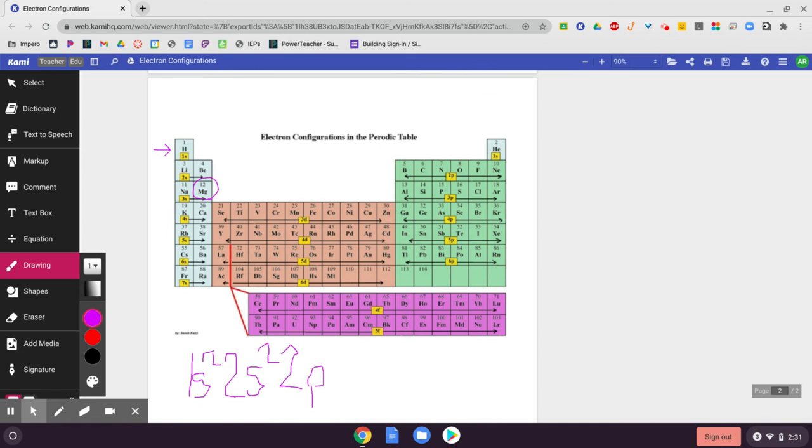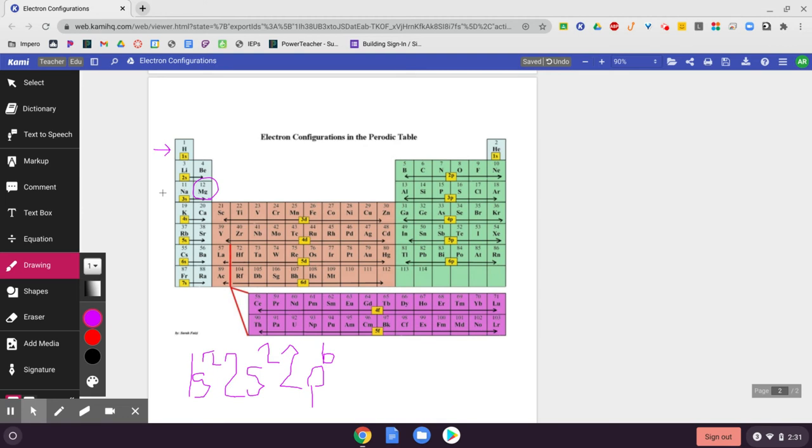So we have 2p now, and we're moving all the way through row 2. So we're going to be filling up the p orbital and putting 6 more electrons into our atom as we move through the 6 other elements here on row 2.